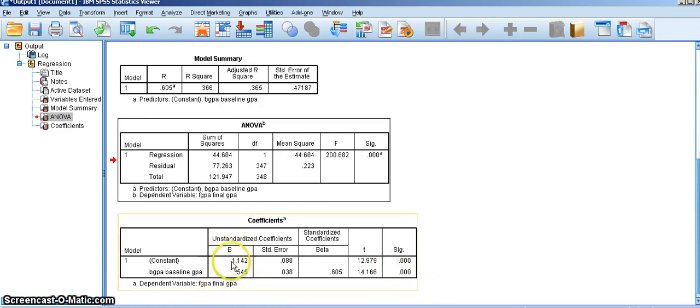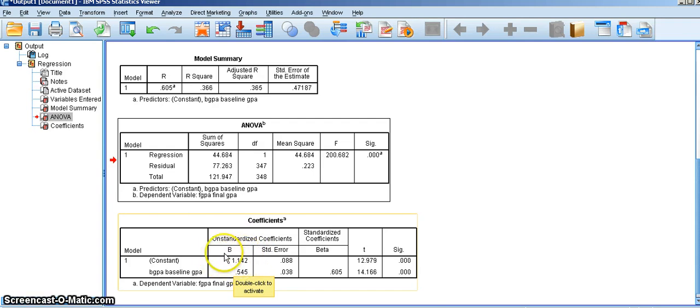So here, under the B unstandardized coefficients, these are the numbers that we're going to use for our equation. So the constant is the same as the y-intercept. So this is the A in our equation. Remember, we had y equals a plus bx.